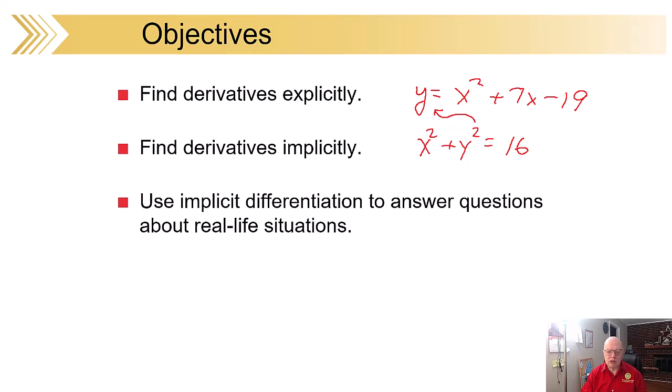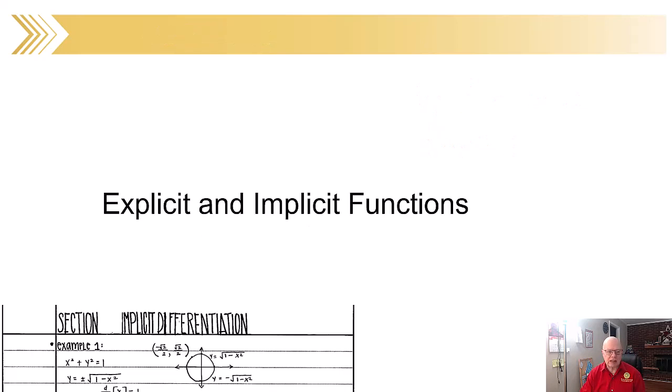And then we're going to use it to answer questions, real life questions, situations. So here's just a couple of pictures, really. This gives you an idea of implicit differentiation. And if you look carefully, you can see something similar to what I just mentioned. X squared plus y squared equals 1.